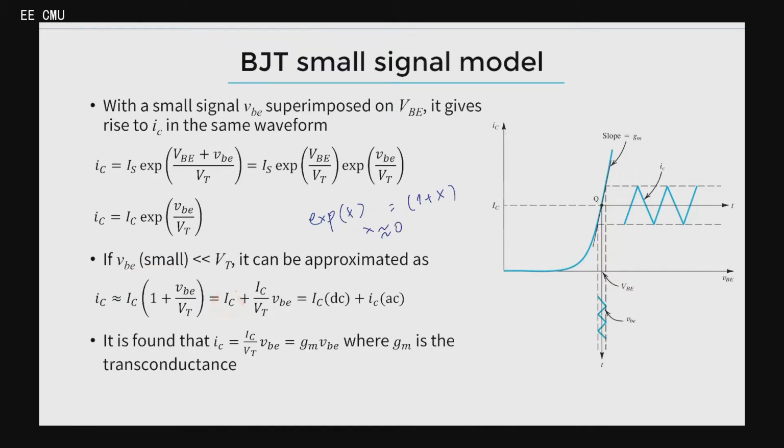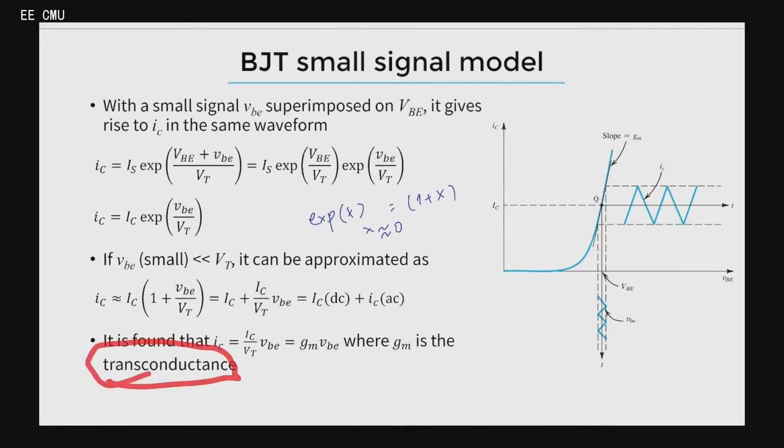We can see that when we multiply it through, we get the DC current, which is the operating point, and this part here becomes the AC current. Therefore, we will create a new variable, IC over VT, which we call transconductance. As you can see, current equals conductance multiplied by input voltage, right?